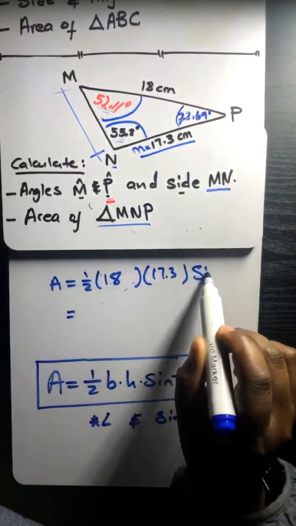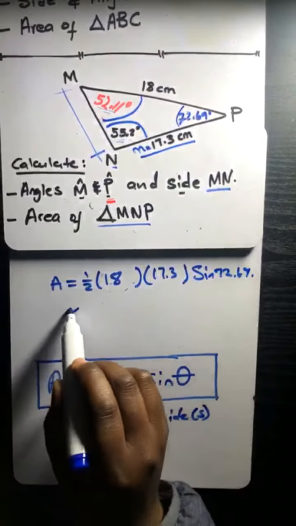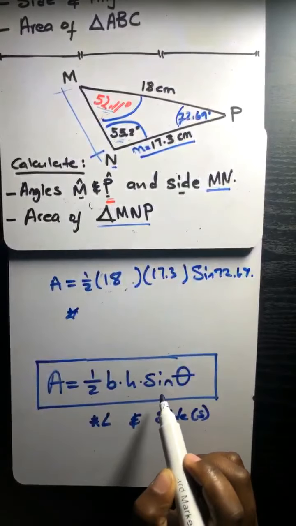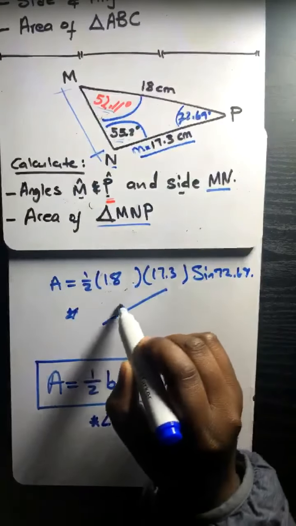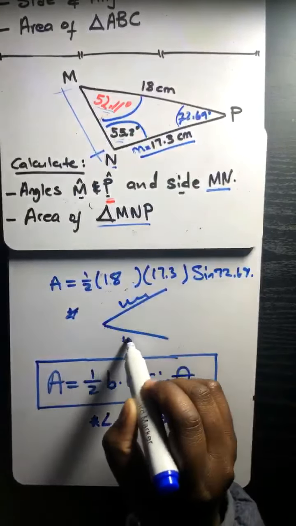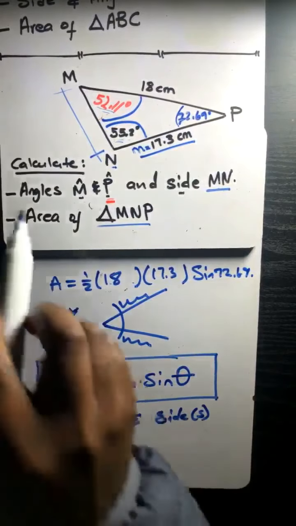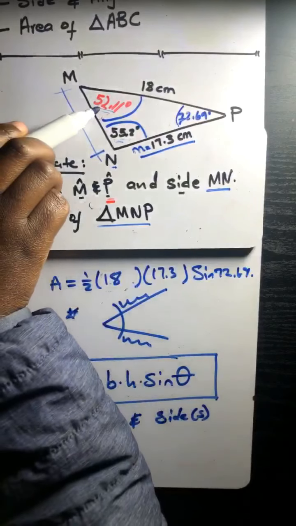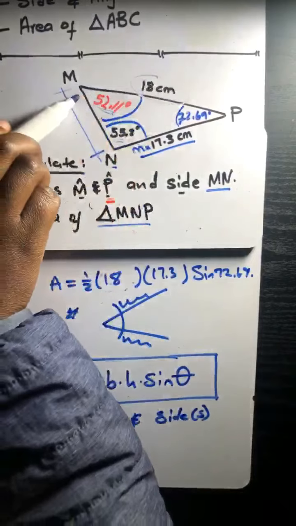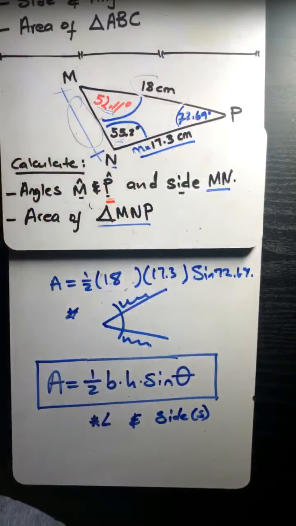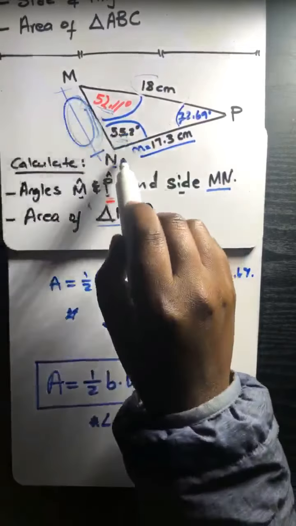Okay, then it's fine. I just wanted to check if you guys are aware that whatever side you use, you must also have another side and then an angle in between. So if you use angle M, then you are going to consider that side and that side. If you use that, then you consider the side and also the side to substitute into the area formula.